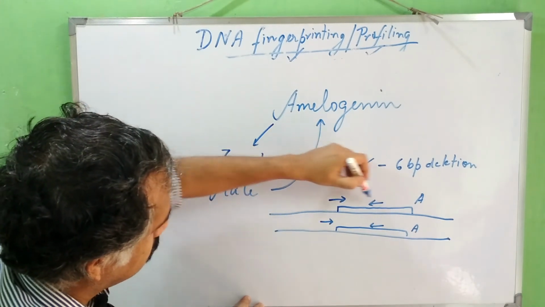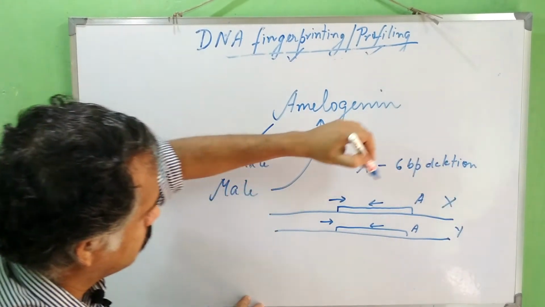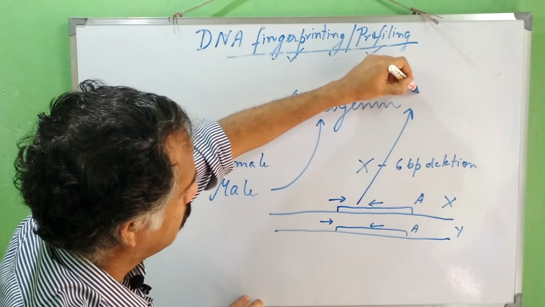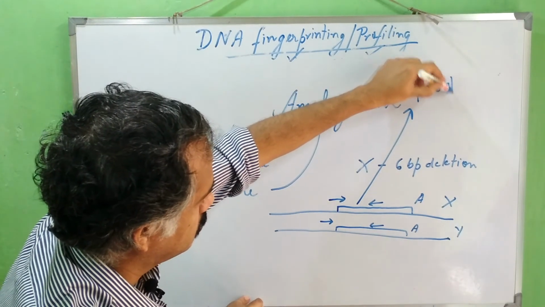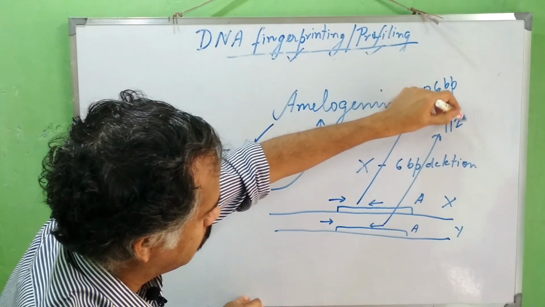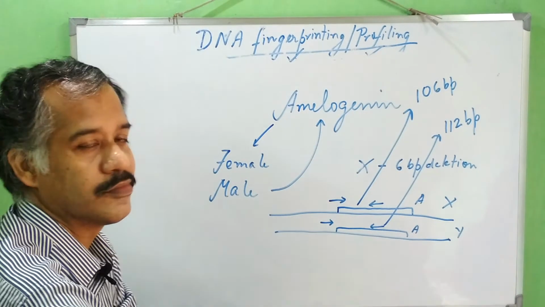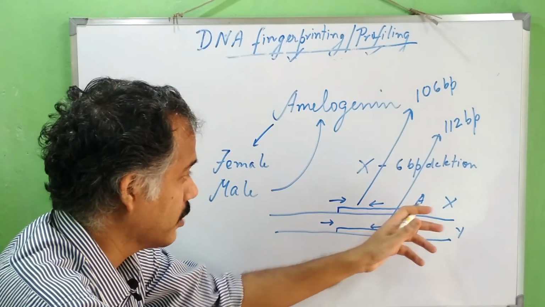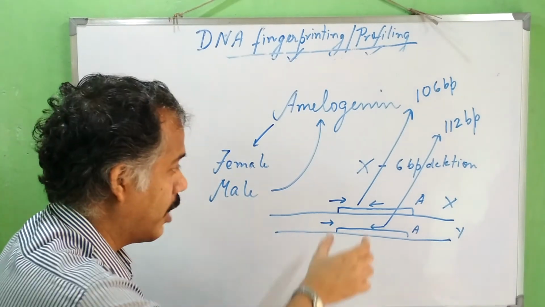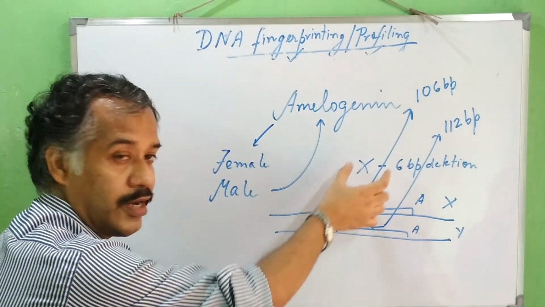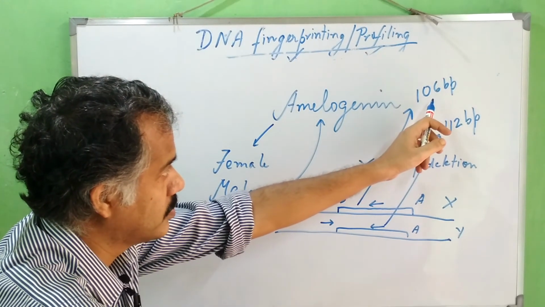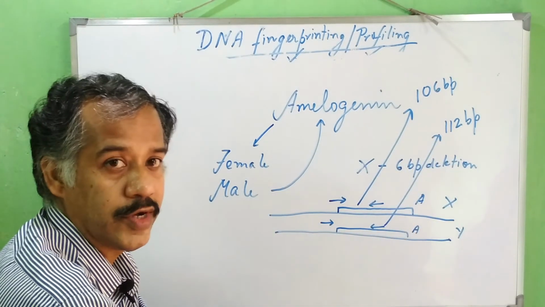If for the X chromosome we get a PCR product of 106 base pairs, for the Y chromosome we will get a PCR product of 112 base pairs, because the X chromosome amylogenin gene is shorter, right? And we have amplified the part of the amylogenin gene which contains that difference. So for the X chromosome the product will be 106 base pairs, for the Y chromosome it will be 112.